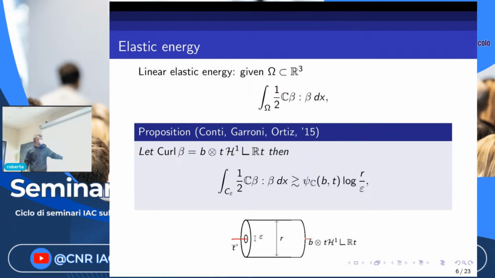And this inequality can actually be obtained as an inequality for optimal beta.